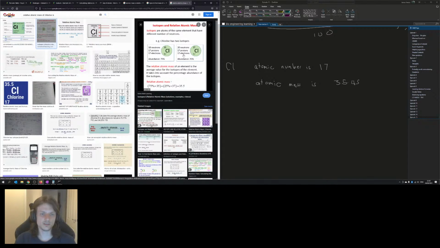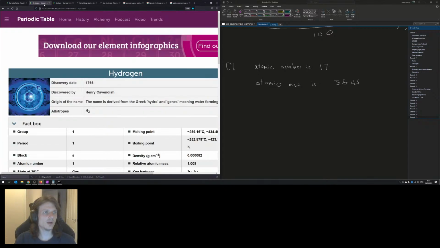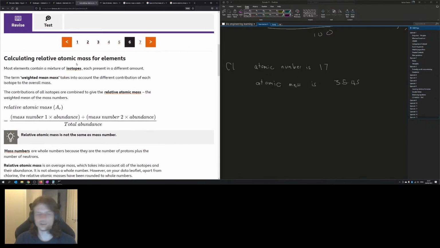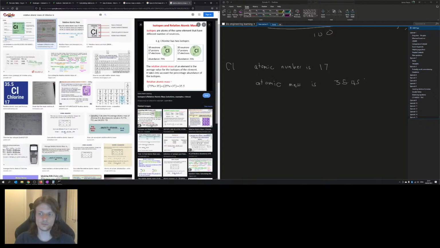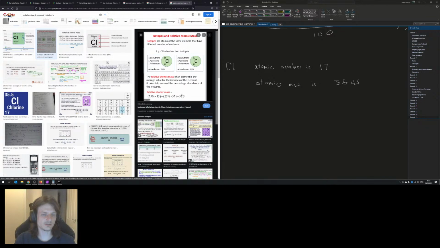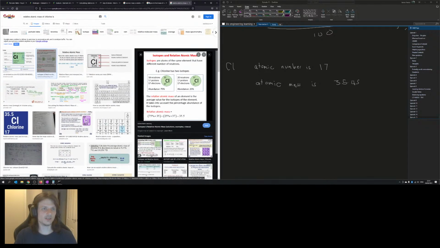Nice to see the abundance there, though. So 35.45 is coming from... This says 35.5. So the relative atomic mass is being used in this equation.